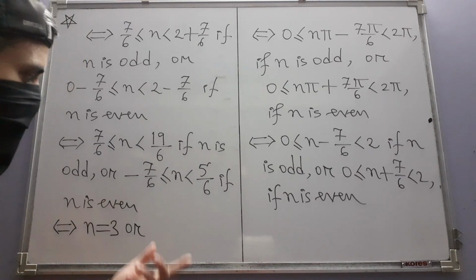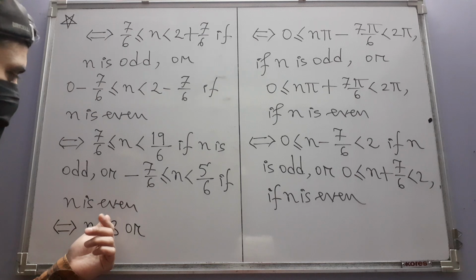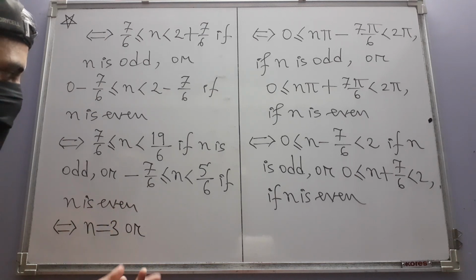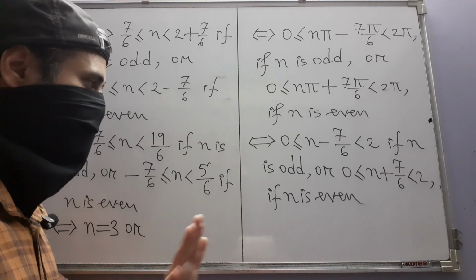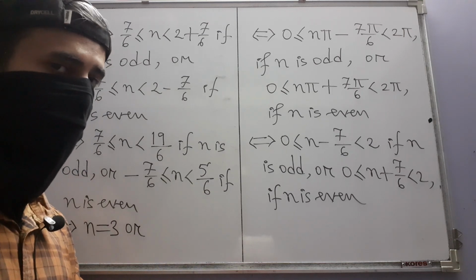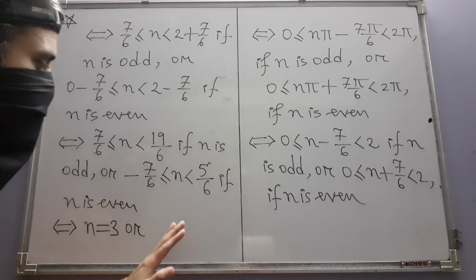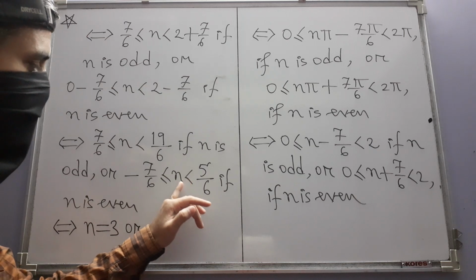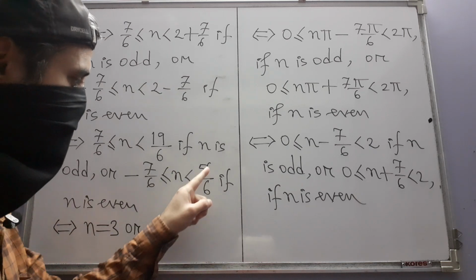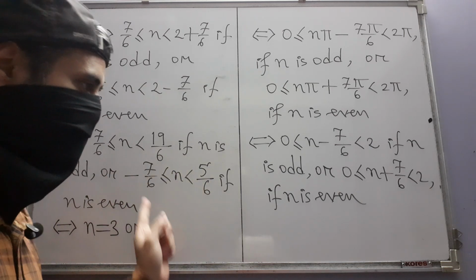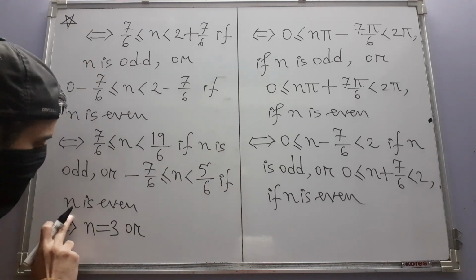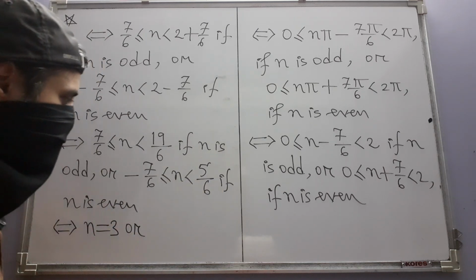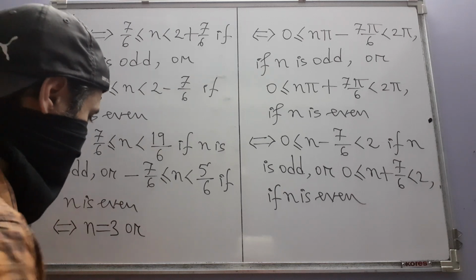Yes, of course we can take n equal to 0 here, and 0 is also even. But the inequalities themselves do not keep any other option for us. We cannot take n equal to 1 because 5 over 6 is already less than 1. So these inequalities combined with this condition give you n equal to 0.